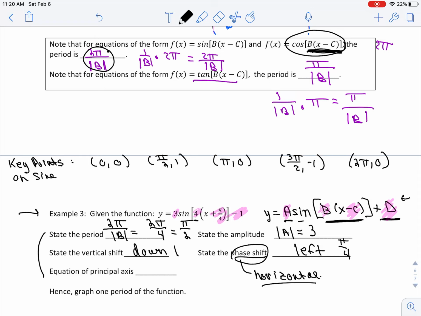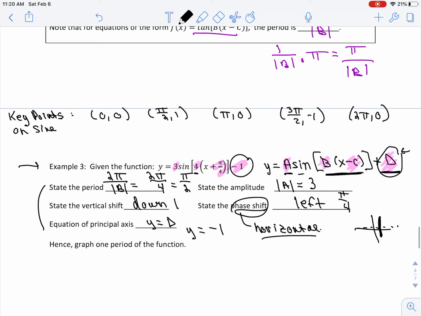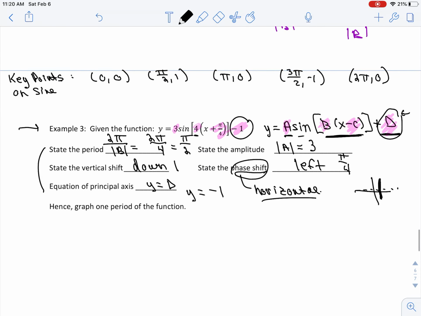And then the equation of the principal axis, remember on any of these, starts out at y equals 0, and it's not affected by anything horizontal. It's only affected by the up and the down, and it turns out that it's the same as d. So the principal axis is always y equals d, but in this case that is y equals negative 1. That's our value. So like I said, we'll come back and we'll double check everything once we've graphed it.